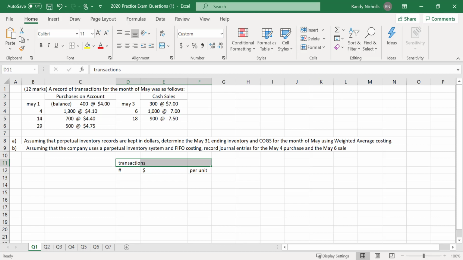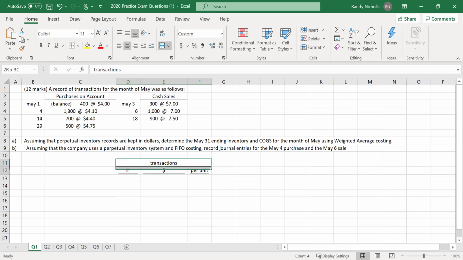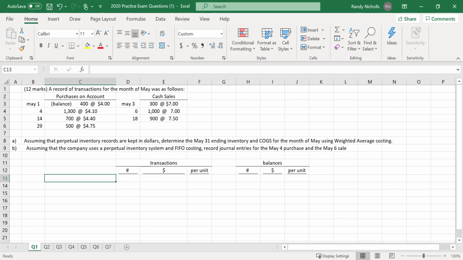Don't get real hung up on formatting, but I like to make it pretty, and I'm relatively quick at doing it, so I'm not too worried about time. And then I'm going to track the balances. You don't need to do this table, but I just find it the easiest way.